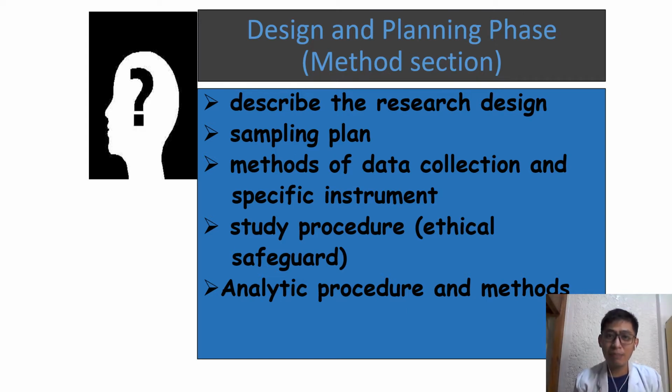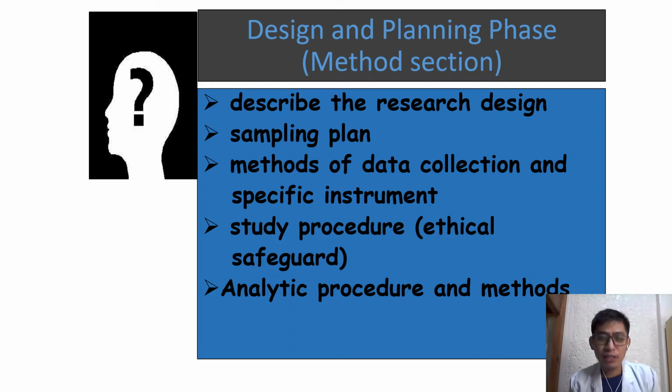Then sampling plan, because in different research methodologies, there are different samples. In qualitative research, you may have 10 or fewer respondents because you have saturated data. Not like in quantitative research, where you should have a sample size that would generalize your recommendation or results of your study.